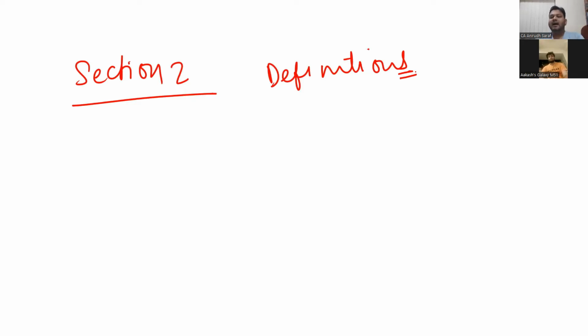For example, if I'm saying you have to pay tax on income, then first of all, I need to define what is income, right? Why do I need to define it? Because common man's understanding is there. If I ask you what is income, you will be able to tell me.